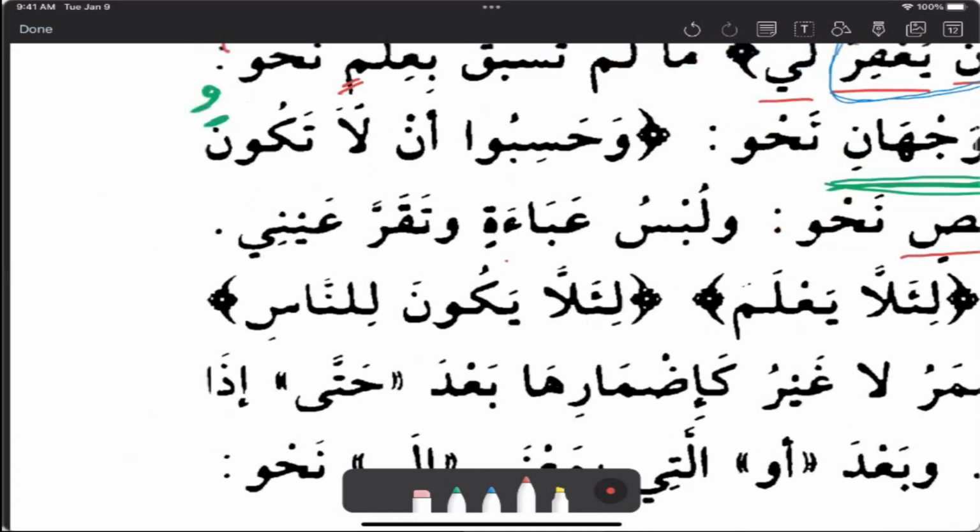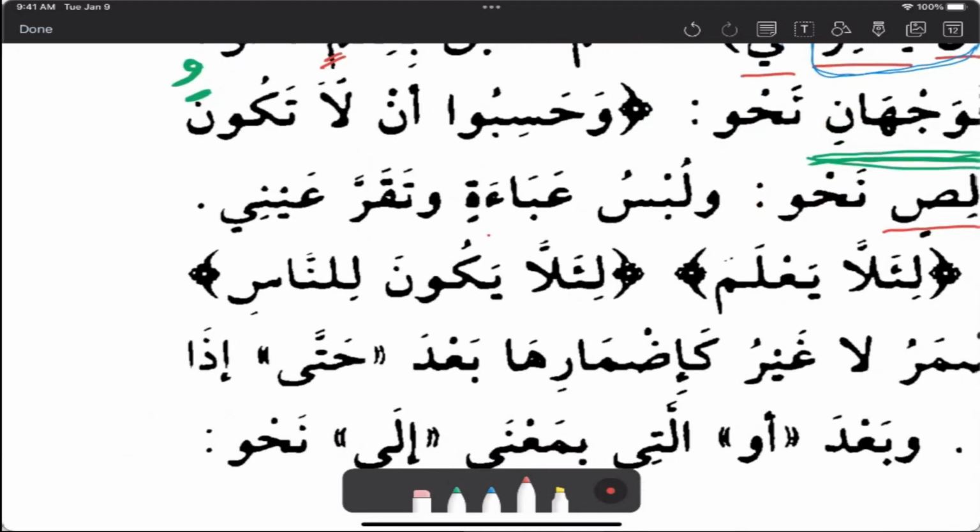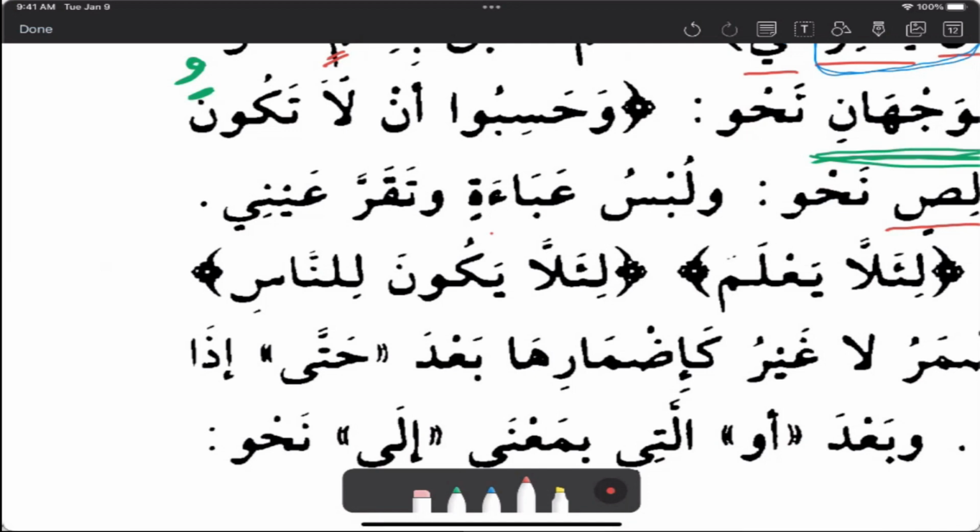naHw, such as وَلُبْسُ عَبَاءَةٍ وَتَقَرَّ عَيْنِي. That's a piece of a line of poetry. وَلُبْسُ عَبَاءَةٍ, and wearing عَبَاءَةٍ.